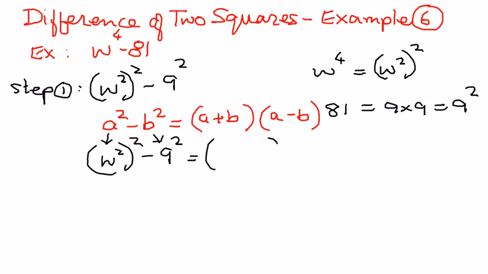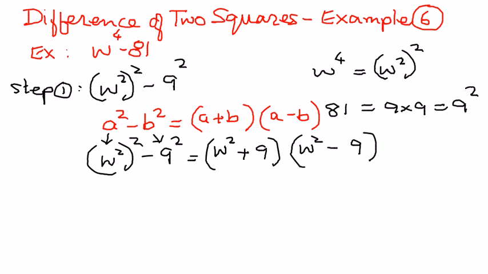So if I open up two sets of parentheses like that, I can write w to the power of 2 and 9, w to the power of 2 and 9, put a positive sign in the first set of parentheses, put a negative sign in the second set of parentheses, and we are done. This is the factored form of w to the power of 4 minus 81.